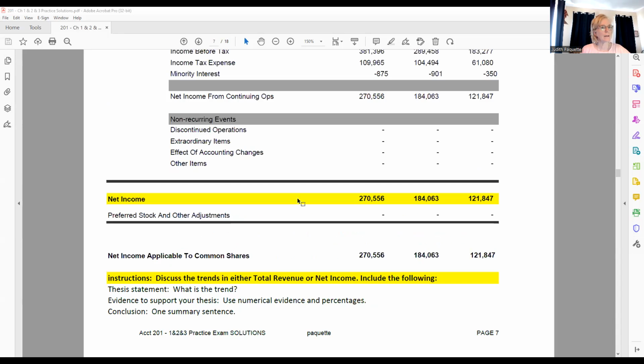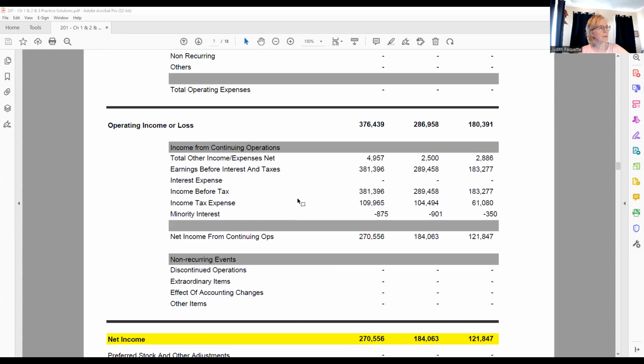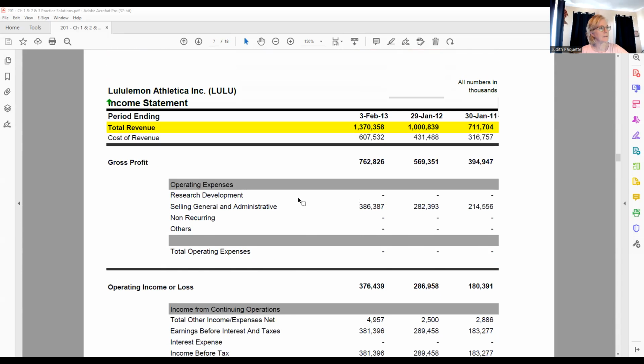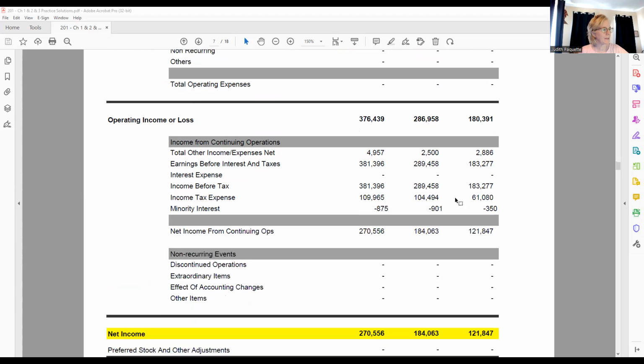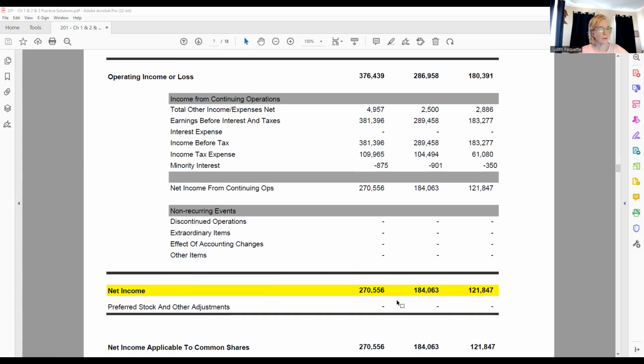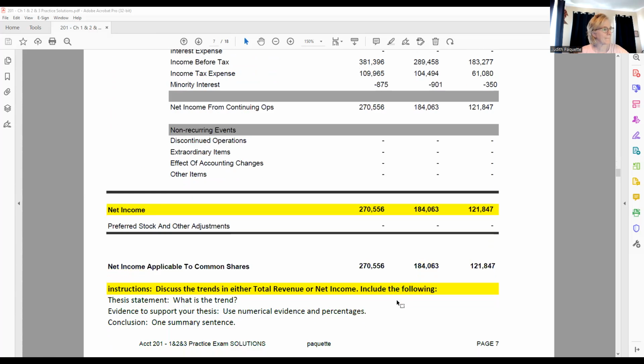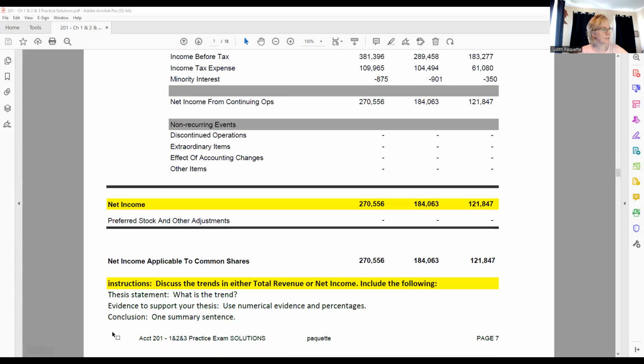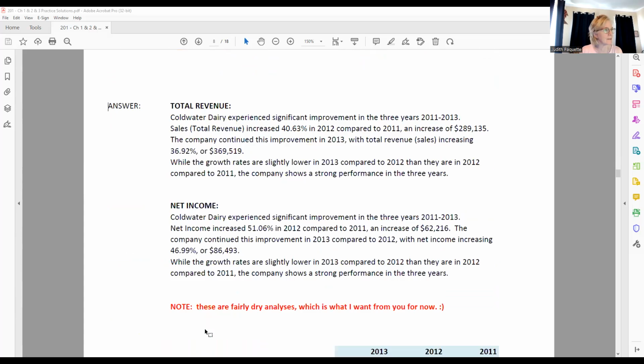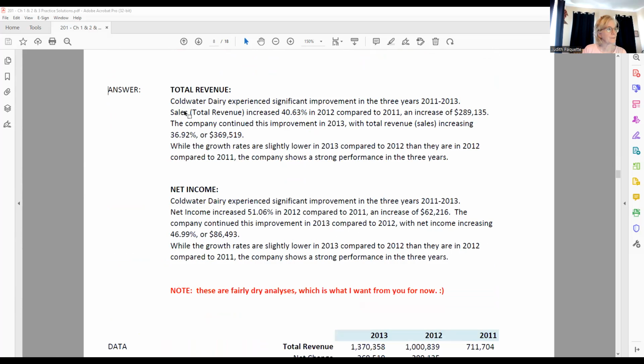On the practice exam, I had given you an income statement and said, talk about revenue and talk about net income. So let's go to the solution. The instruction said, discuss the trends, what is the trend, and provide numerical and percent evidence, and then a summary sentence.